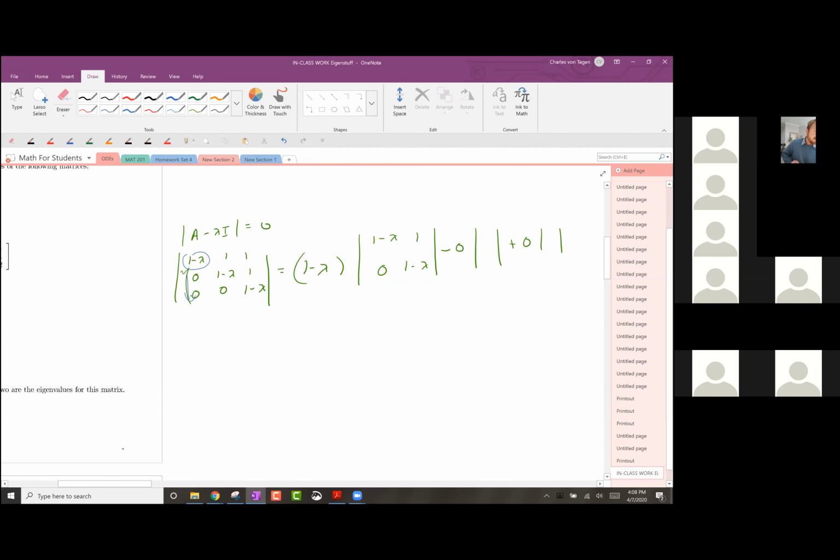Does that make sense? Notice the only thing that matters in this 2 by 2 matrix is the product of the diagonal entries. So we get 1 minus lambda times 1 minus lambda times 1 minus lambda, so lambda equals 1 with multiplicity 3.